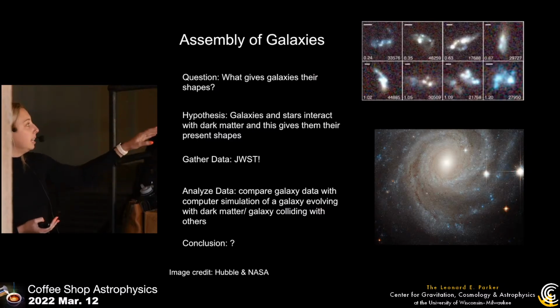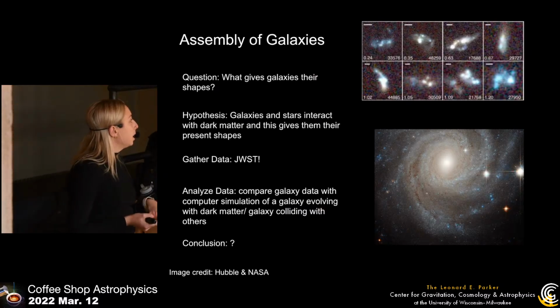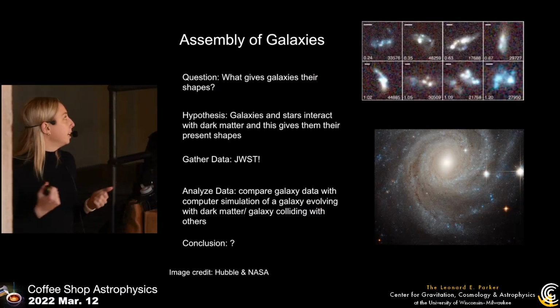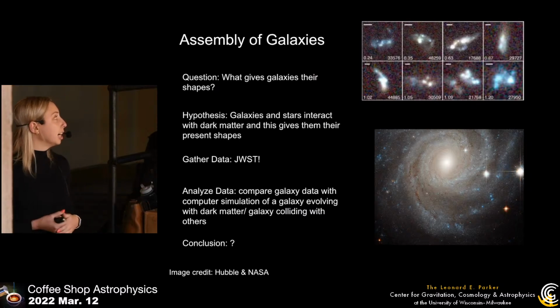And then below it is a more current galaxy that we see today, which has that spiral shape that most of you probably associate with galaxies, the same shape as our galaxy today. So a big question is, how did that happen? There's a bunch of hypotheses for this, but one might be that galaxies and stars interact with dark matter, and this gives them their present spiral shapes.